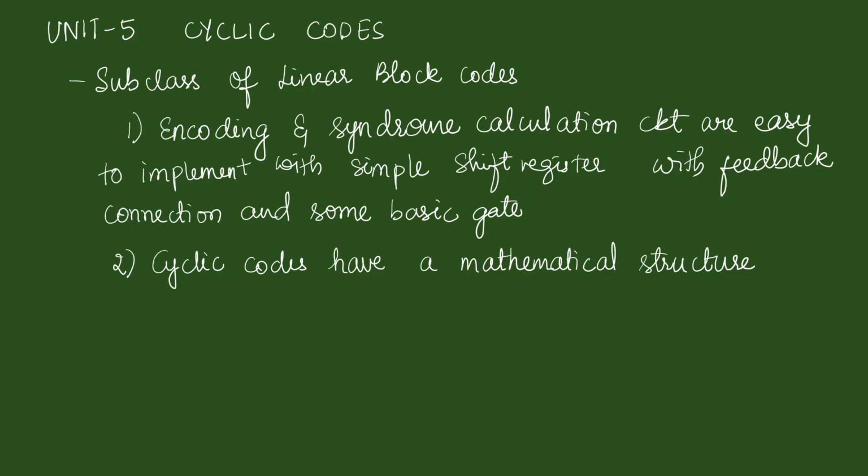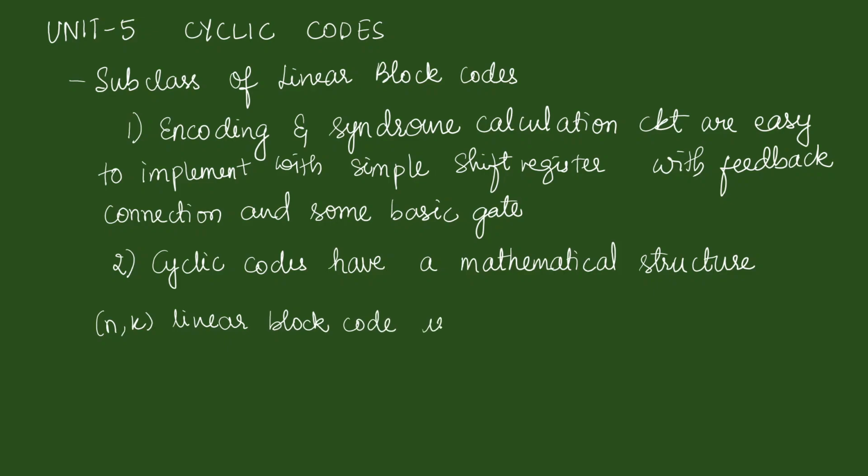As I said, the cyclic code is a form of linear block code. Therefore the cyclic codes are also identified as (n,k) linear block codes or (n,k) linear cyclic codes.